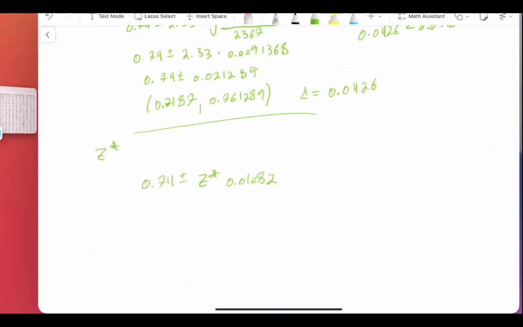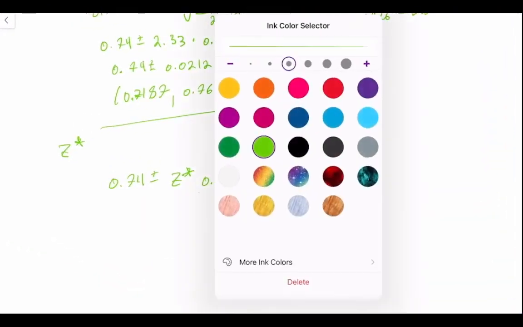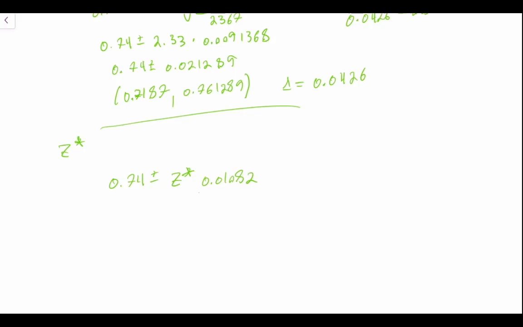So our z star for our 95% confidence interval is equal to 1.96. So 0.74 plus or minus 1.96 times 0.01082.